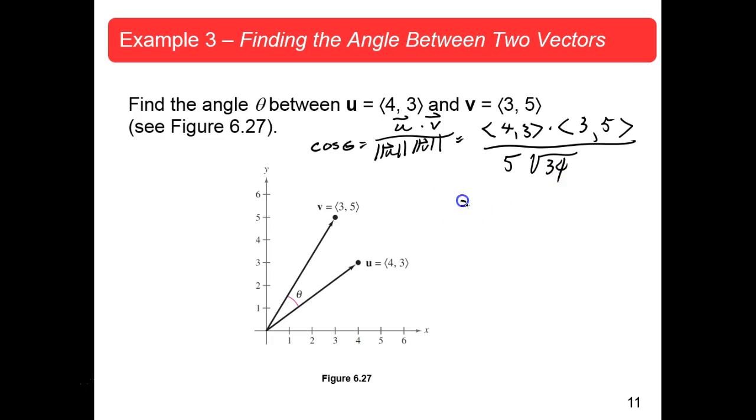Let's do the numerator now. What would that be? Okay, 12 plus 15 is 27, divided by 5 root 34. Punch that into your calculator: 27 divided by 5 divided by root 34.